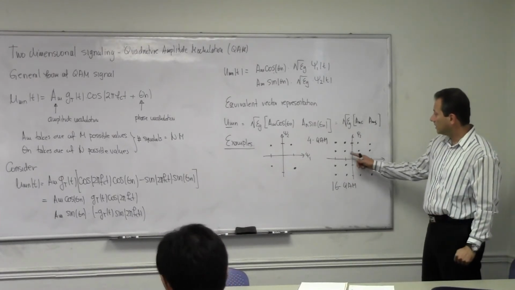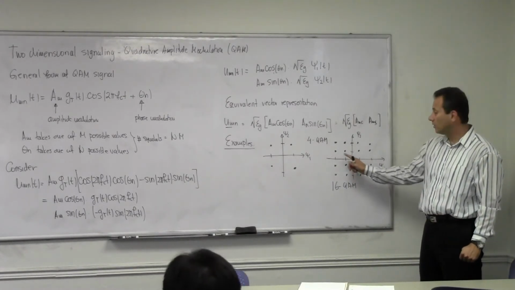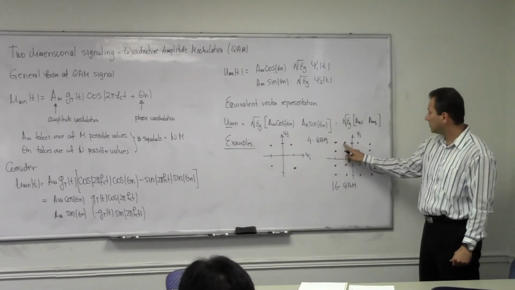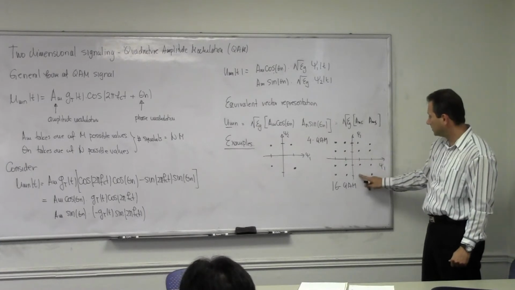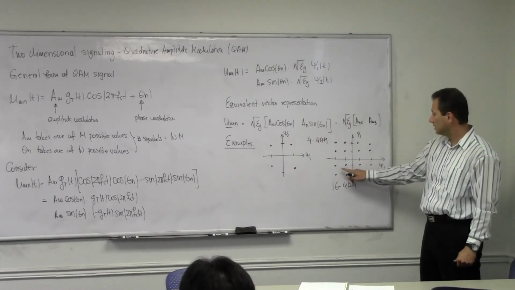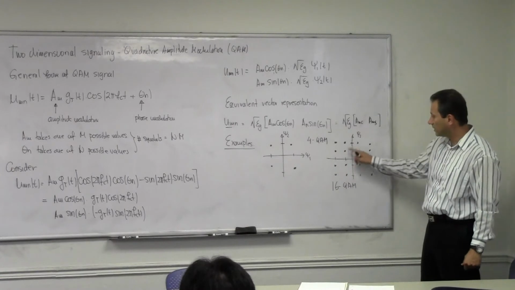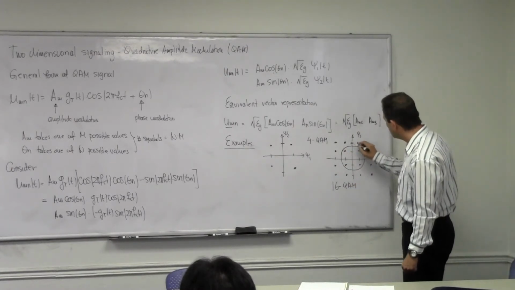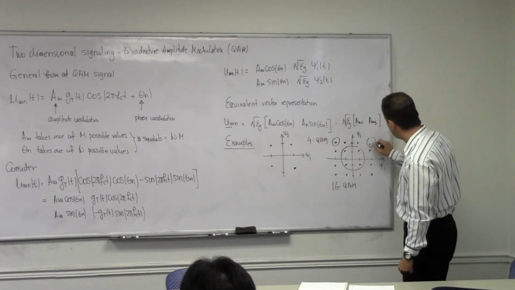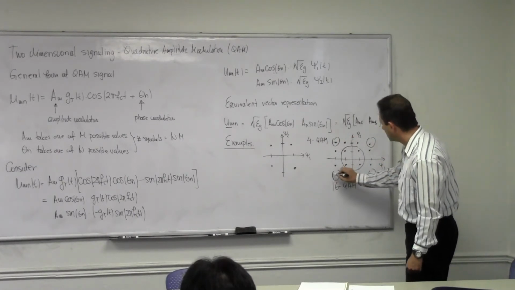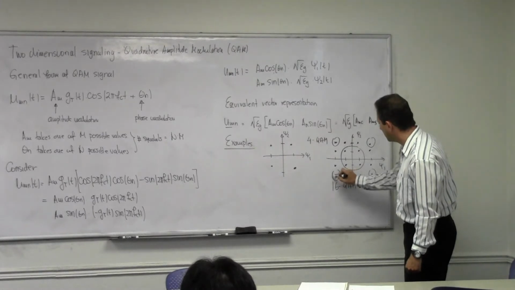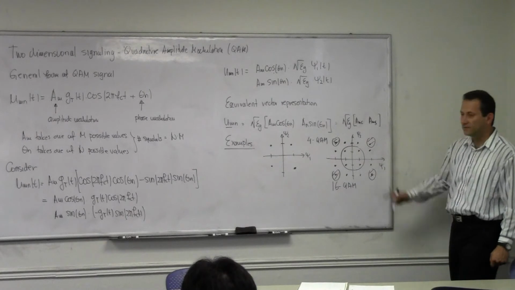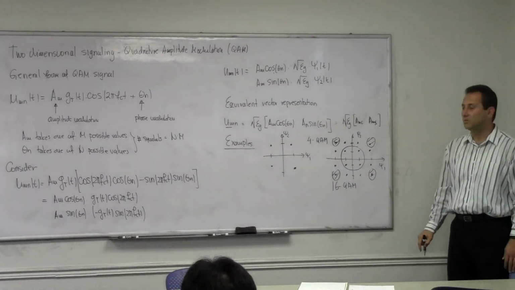Here, the symbols are separated, but they all have different energies, right? The energy of this one is the highest. Then this one, this one, this one, and this one have the same energy, and then these 4 here have the smallest energy, right? And the ones that are left have the in-between energy.